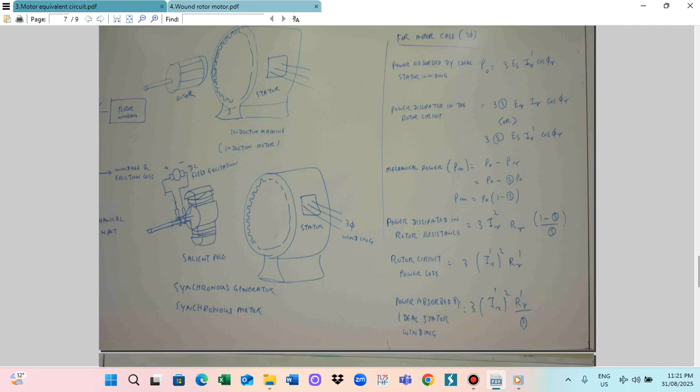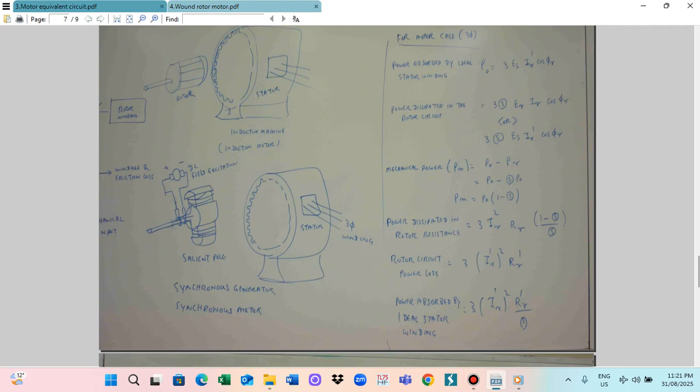Those are the power and the torque produced by the generator and the motor. So those formulas will be given. We utilize these formulas to analyze and calculate the power flow and power loss in both the induction and the synchronous machine.